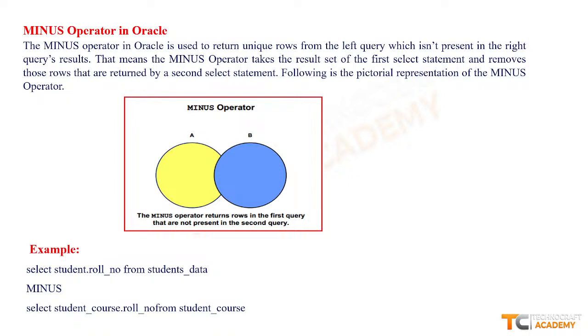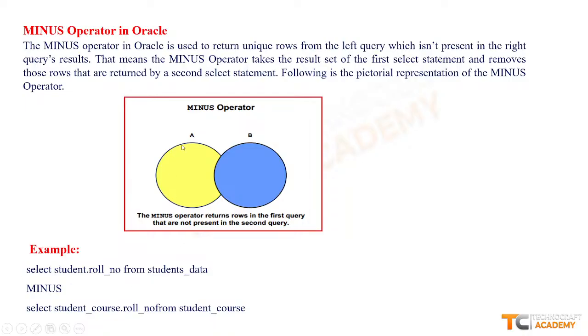You can see in the graphical representation, whatever is highlighted in yellow, we'll get only the results from A, and if there is any match with the second query, it will be subtracted. So this is about the minus operator.